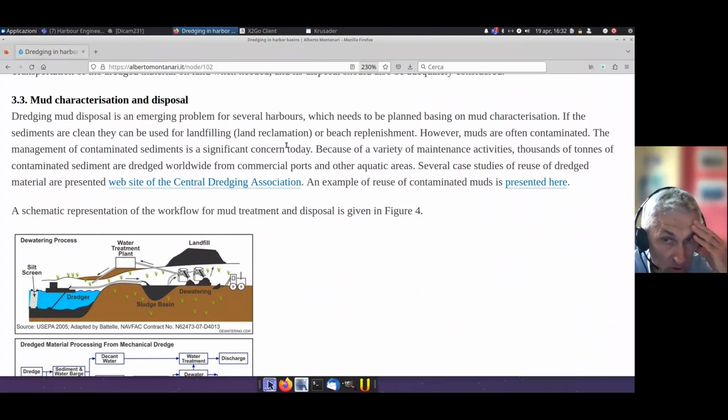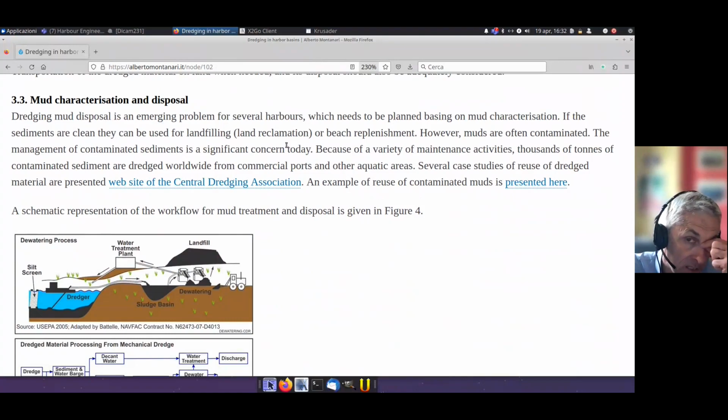Maybe a good opportunity. Beach replenishment is an important intervention in terms of recovery of the beach value, and therefore, if the two operations can be combined, this is an excellent opportunity.